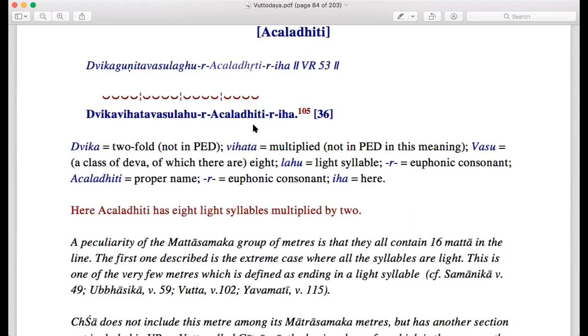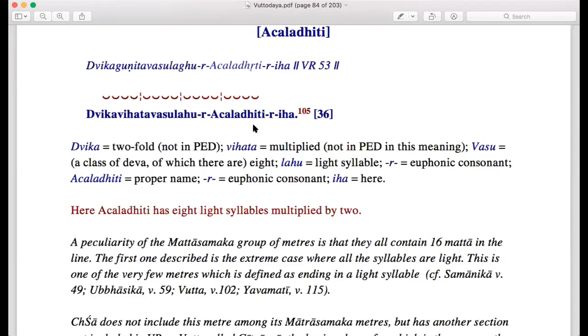There are two words. Jika vihata vasulahu achala ditiriha. R is not there. I see. Your suggestion is very good, because if we learn Sanskrit, then we can easily understand where to insert those letters. And also our traditional grammar texts have referred to Sanskrit to form those rules.